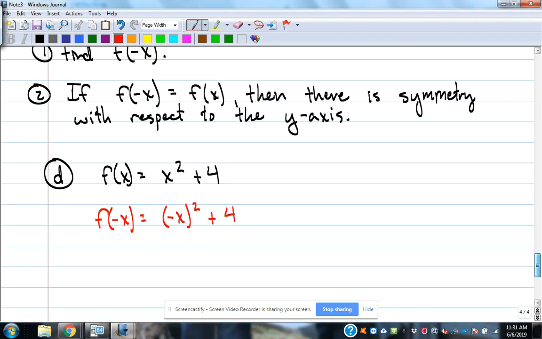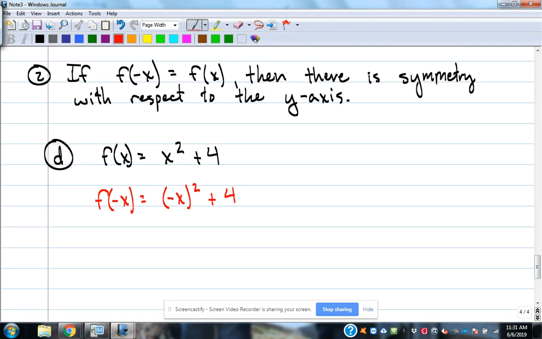So I get negative x times negative x. That's what negative x squared means. So negative x times negative x would be positive x squared, right? The plus 4 doesn't change because nothing is doing anything to it, so it's back to plus 4. Is that the exact same as the original? Those are the same, aren't they? So that means this is symmetric with respect to the y-axis.